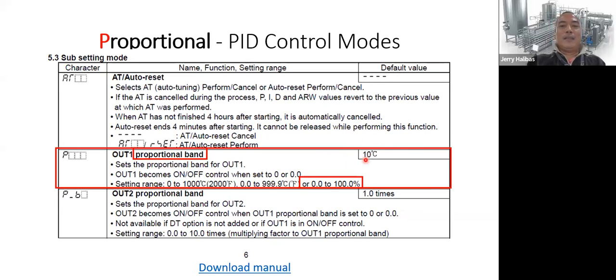Take note, if you set it to zero, it is on and off. By the way, you can always download the manual. The default is 10. Since this is a temperature controller, the default unit is 10 degrees Celsius.